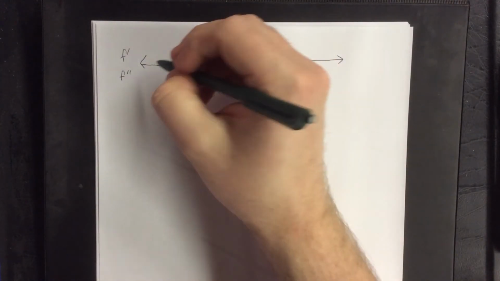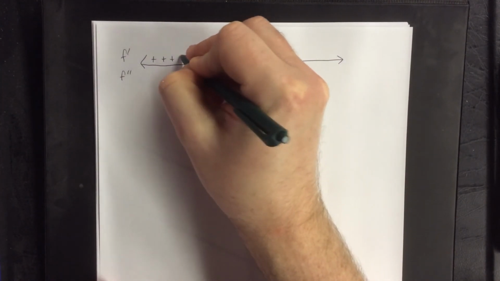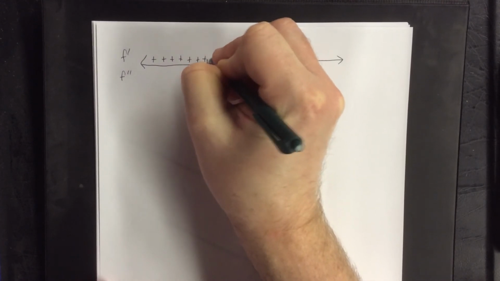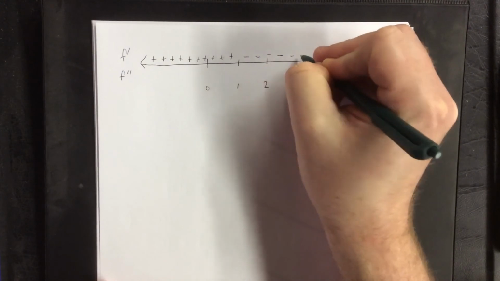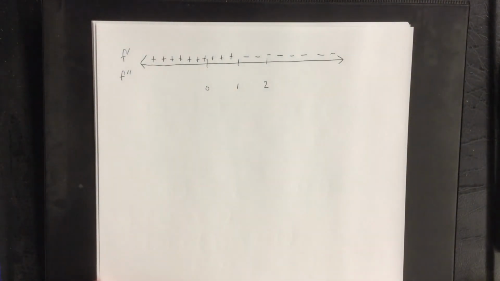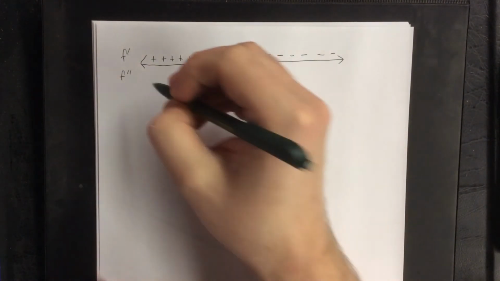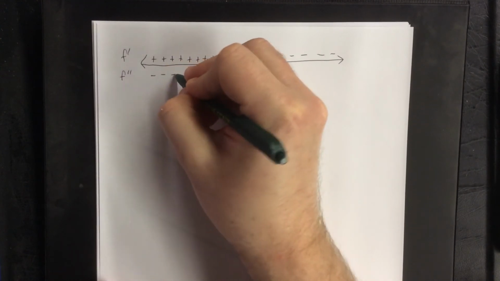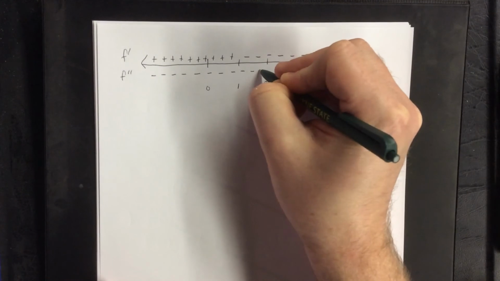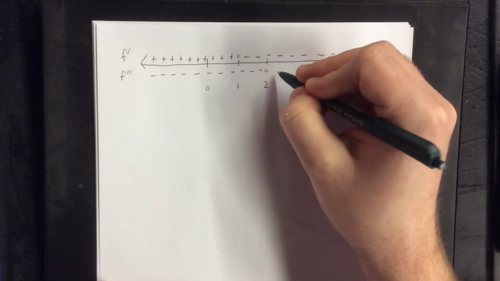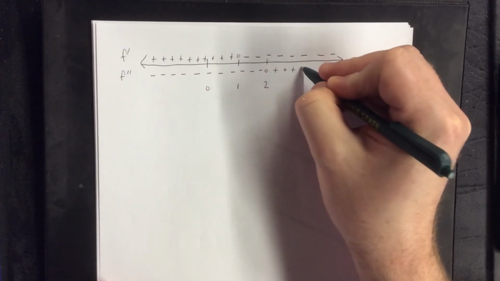The intervals were increasing up until we hit x equals 1, at which point we will change to decreasing. For the concavity, we started out as concave down until we hit x equals 2. At x equals 2, it changed to concave up.